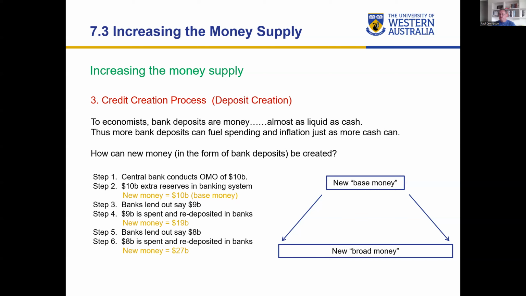I'll let you think about how that could possibly be done. Some of you may have already read about how central banks can prevent this credit creation process from acting on the new QE money that the US, the European Central Bank, et cetera, have injected into their economies in recent years. It's a very interesting process once you understand this.